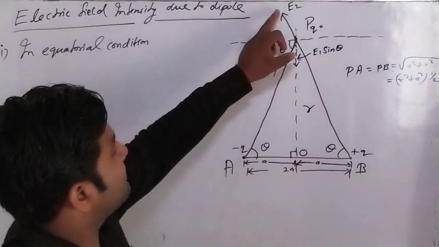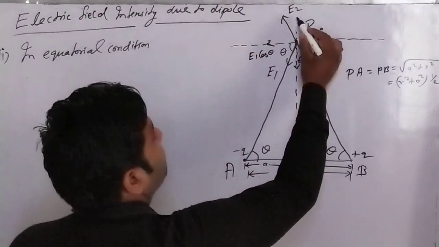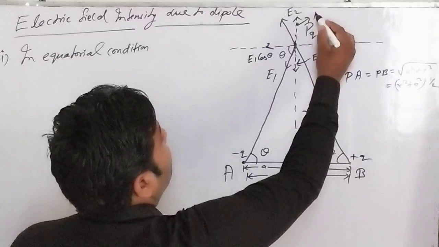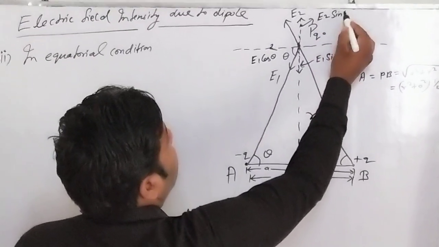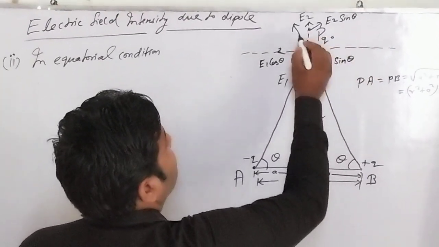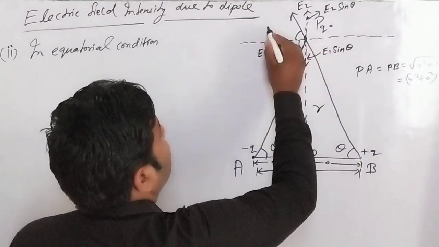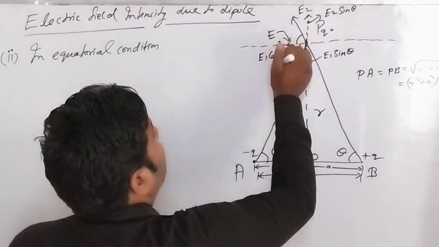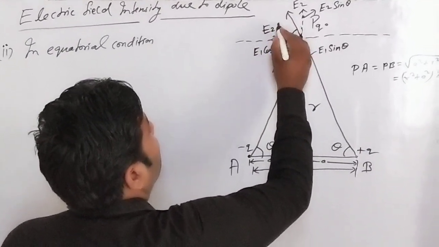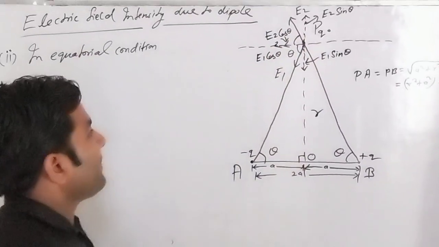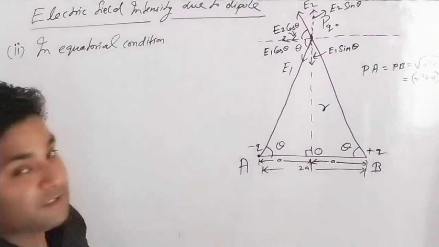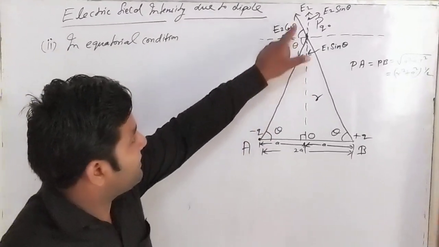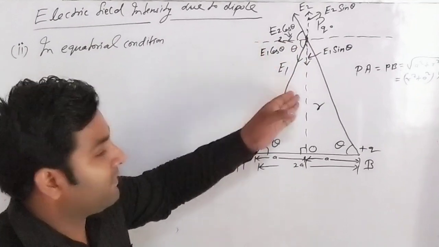Same as resolving E2 into rectangular components: this is E2 sin theta, and along this direction is E2 cos theta. This is the concept of the diagram: resolving E1 and E2 along horizontal and vertical components.